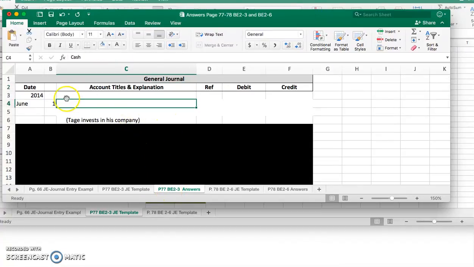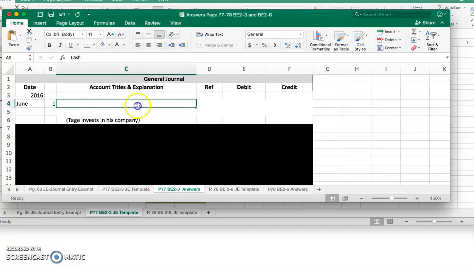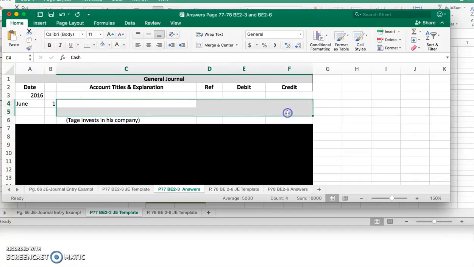I've got my answers here, but you would type in the date, June 1st. You can put whatever year it is, if it's 2016, we could put that in here. The month is June, and the first transaction is June 1st. And you complete the answers.